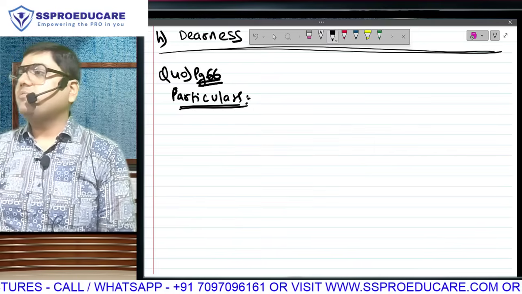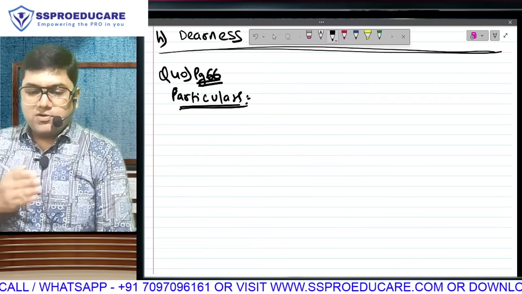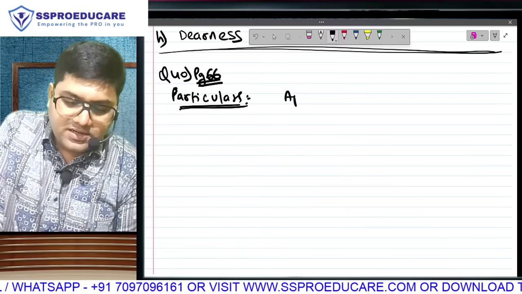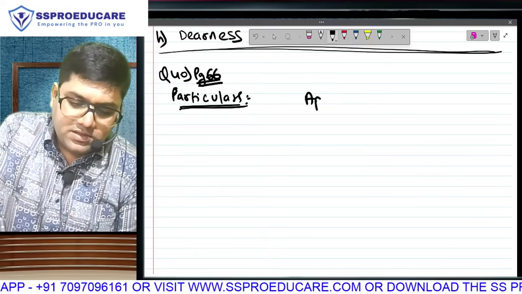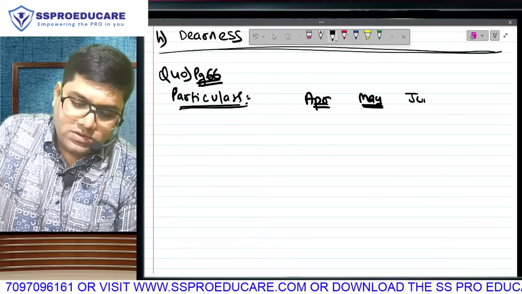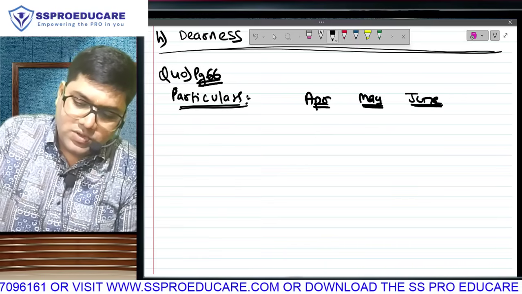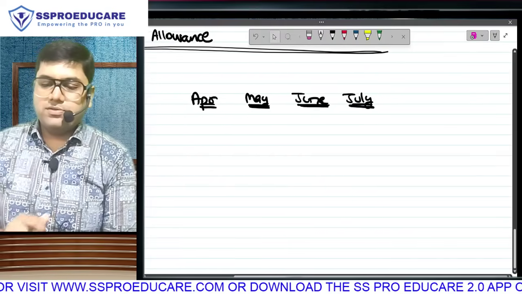We will calculate every month separately. Effectively we are doing 12 questions of HRA. So now when you are making 13 amount columns, first understand. We will have one amount column for the big particulars, then one amount column for April, May, June, July.